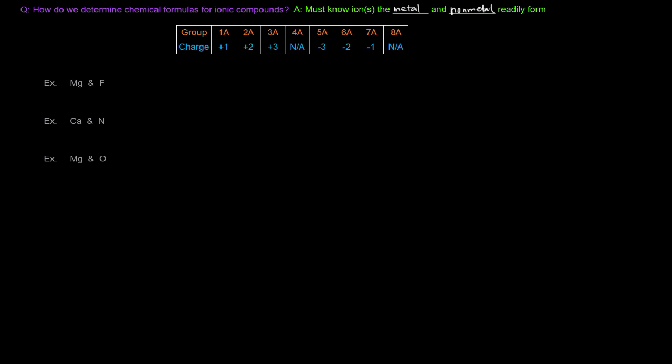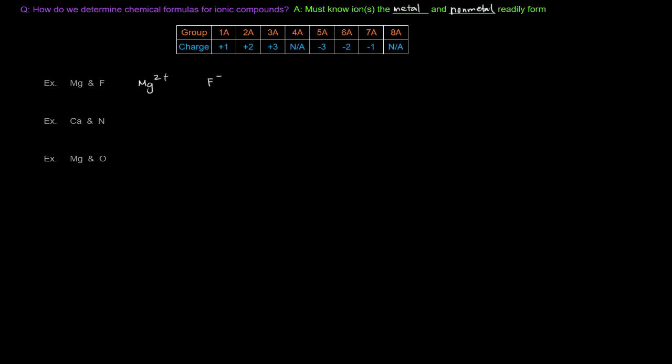So if I have Mg and F, magnesium and fluorine, what would the chemical formula between them be? Well, magnesium is in group 2A, so it would be Mg2+, and F is a halogen, group 7A, so it would be F-. I have to keep in mind that ionic compounds are always going to have no net charge.